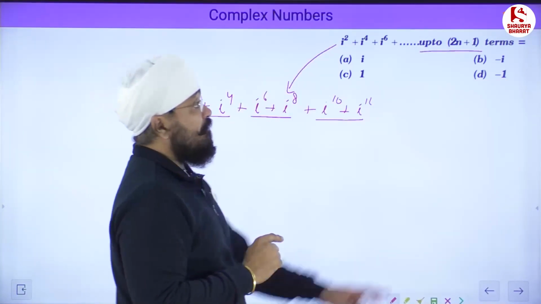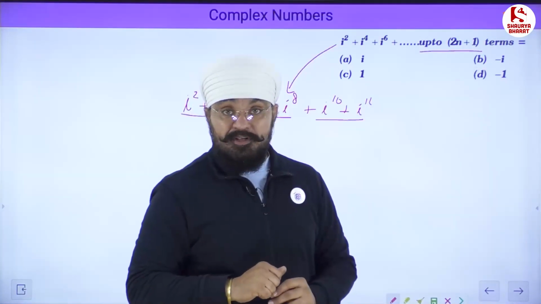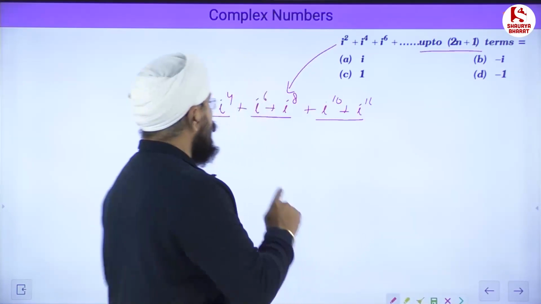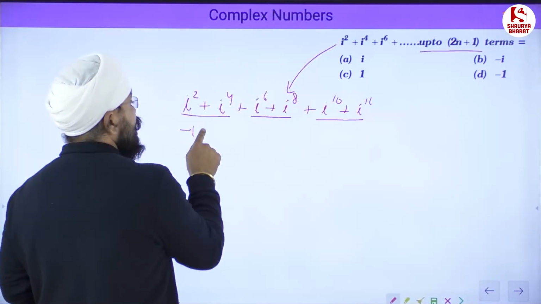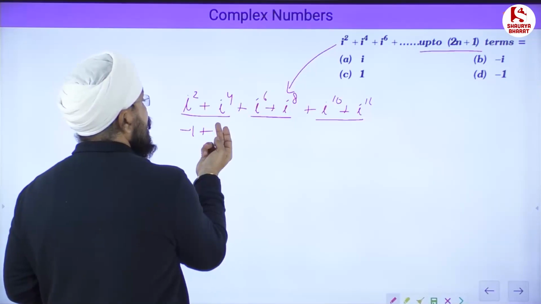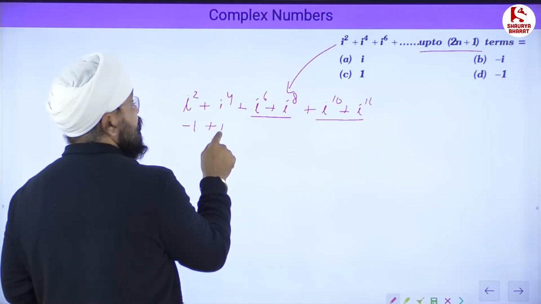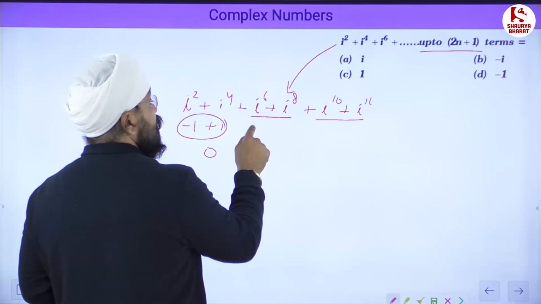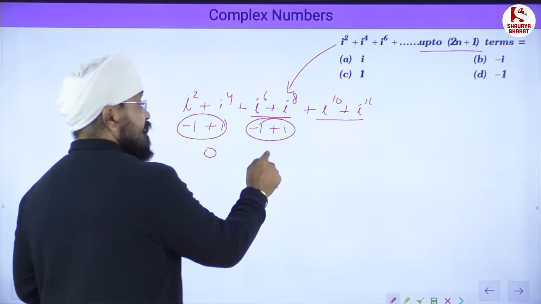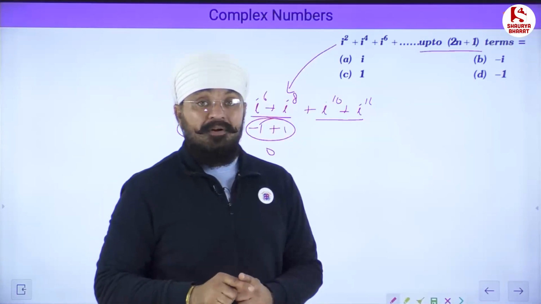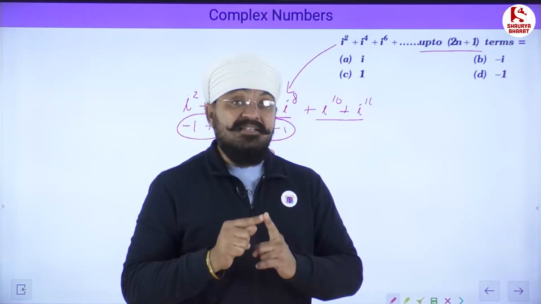Suppose that we are having an odd number of terms, that means 2n plus 1. For even numbers, the pair is giving you the answer. You can see that this answer that we are getting is minus 1, and for this it is plus 1. So the result is 0. For this one also minus 1 and plus 1, the result is 0. That means for an even number of terms we are getting the result 0.